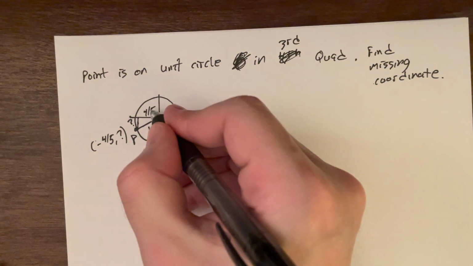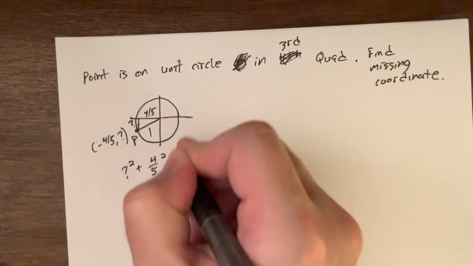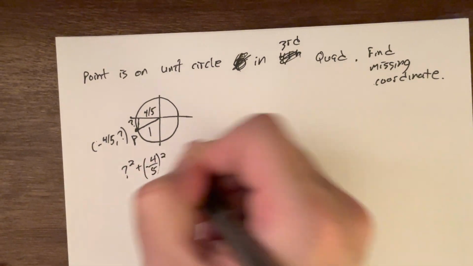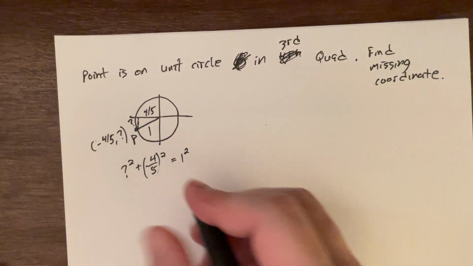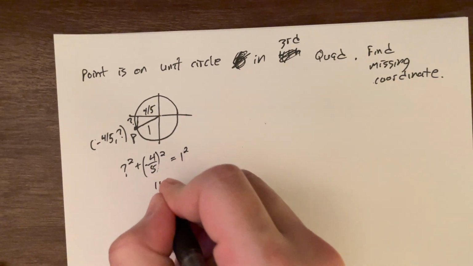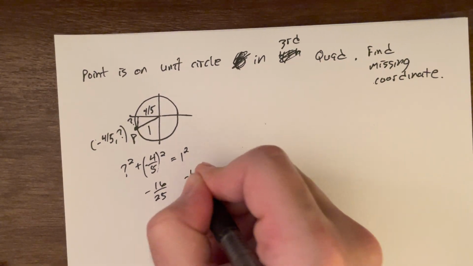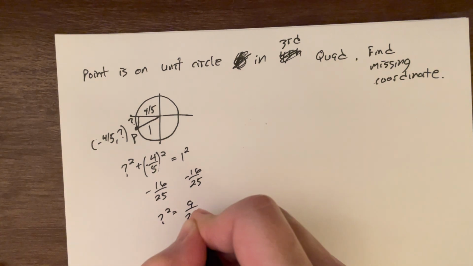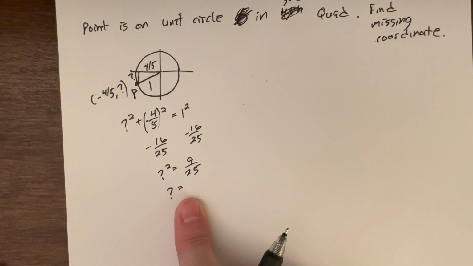If you just use Pythagorean theorem, blank squared plus 4/5 squared, literally it's minus 4/5, but when you square it, it's positive, equals 1 squared, which is 1. You do a little work, you'll get 16 over 25 here, subtract that from both sides, blank squared equals 9 over 25. This is where we've seen this several times.